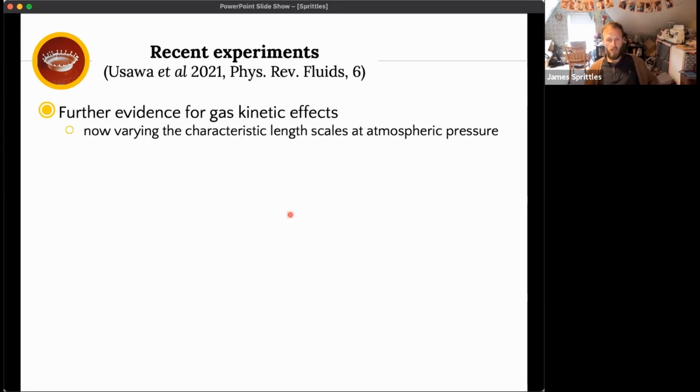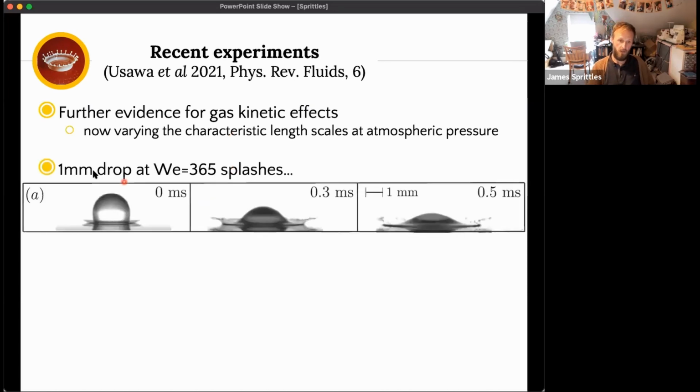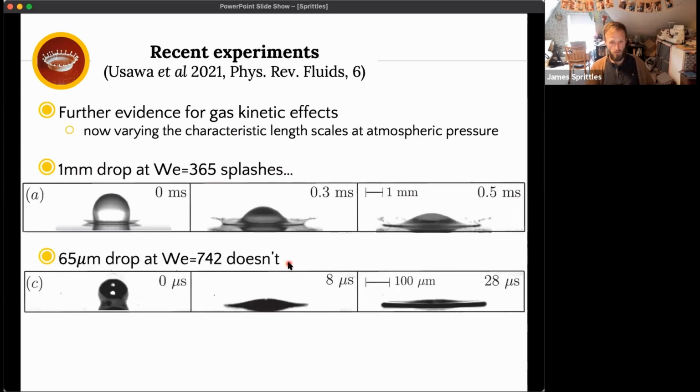So what's nice is that, a couple of months ago, there was a new article looking at a different angle. I've talked about reducing the atmospheric pressure to increase the Knudsen number. The other possibility is that you decrease the length scale. So what they've done is they've taken impact on millimeter-sized drops, which is very popular, but they've also looked at micro drops.